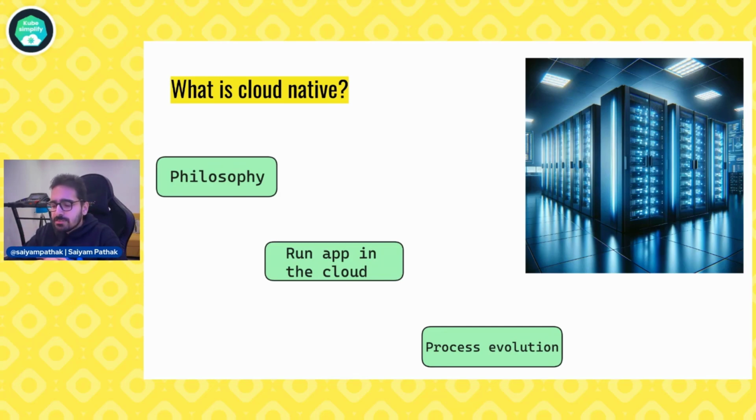Over the years, I believe you can call cloud native a philosophy, because it not only democratizes how you develop and deploy your application, it is also a shift in how you think of developing and deploying your application. Cloud native is a philosophy. It is running your application in clouds with modern tooling.